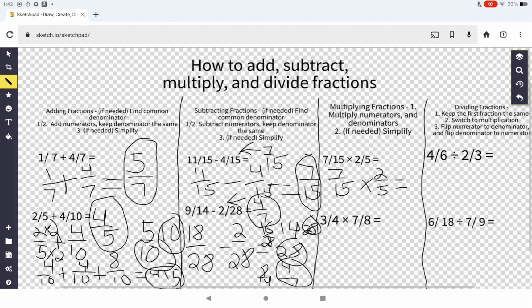So 7 times 2 is 14, and then 15 times 5, you can do 15, 30, 45, 60, 75. So 15 times 5 is 75. So we get an answer of 14 over 75, and can we simplify it? No, because there are no common factors with 14 and 75.